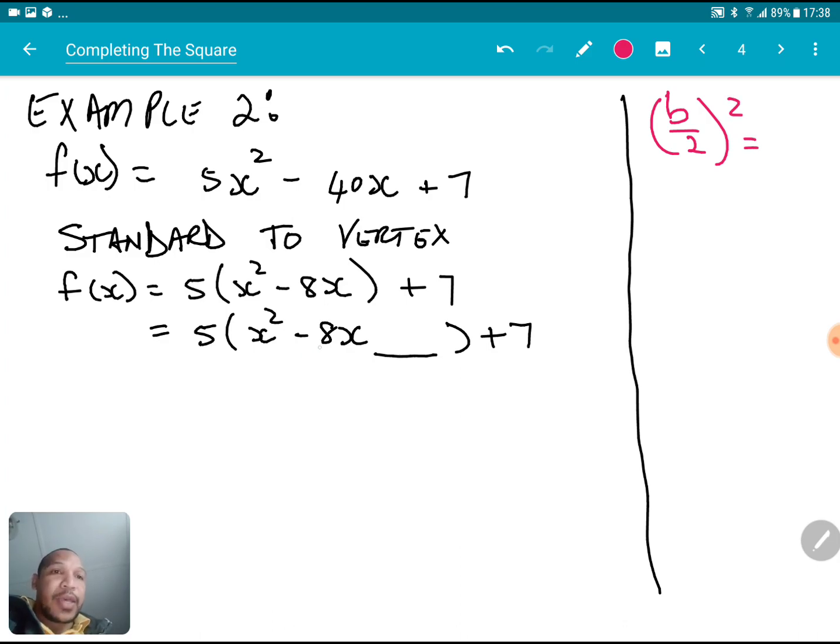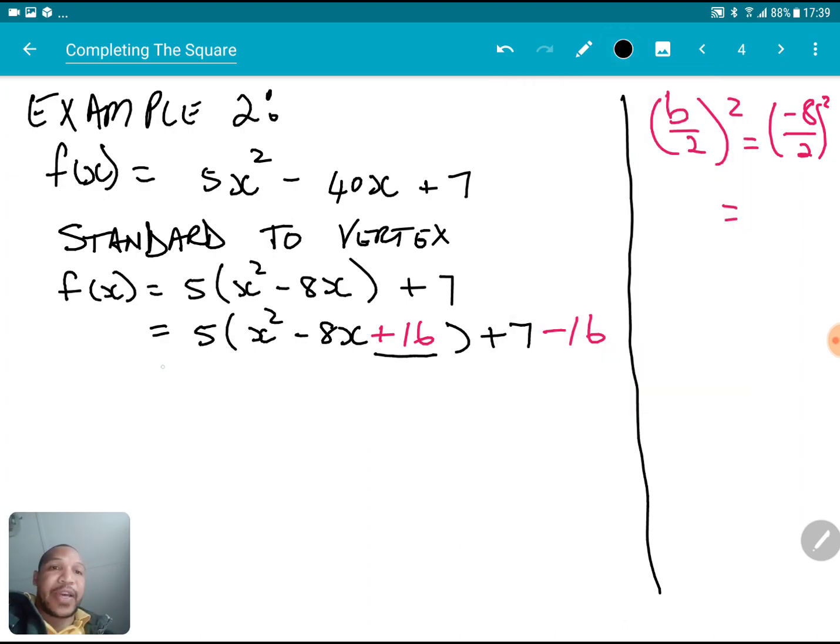What's b? b is the coefficient of my middle term, so that would be minus 8 over 2 squared, and my answer would be -8 divided by 2 is -4. -4 squared is plus 16. So if we add 16 here, I want to subtract 16 there.